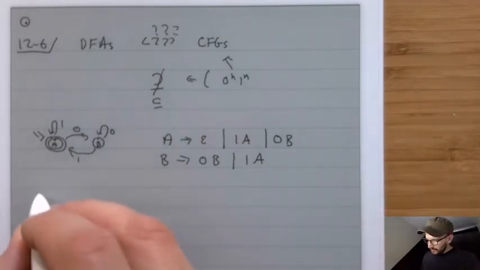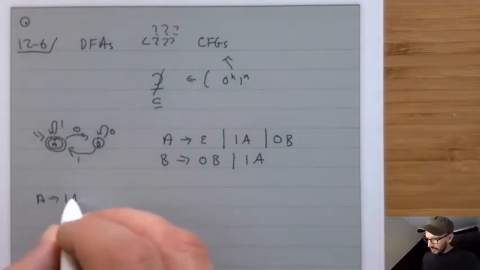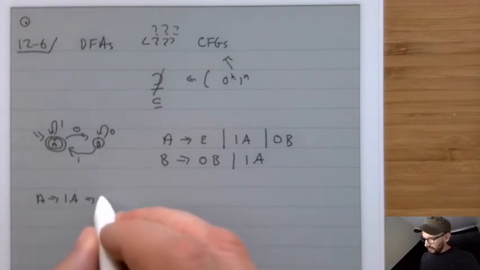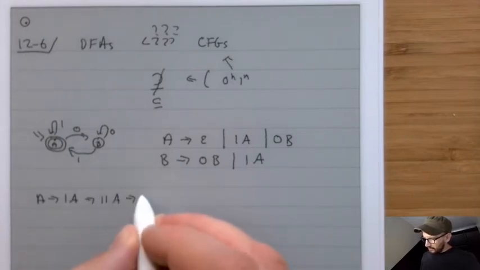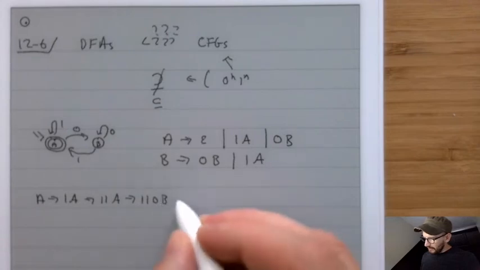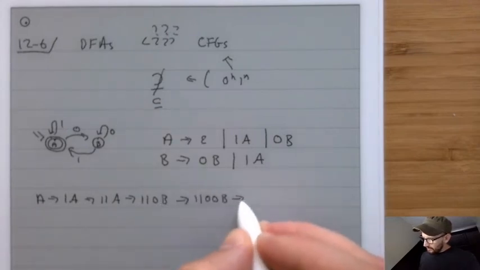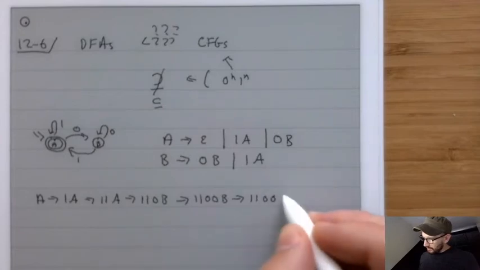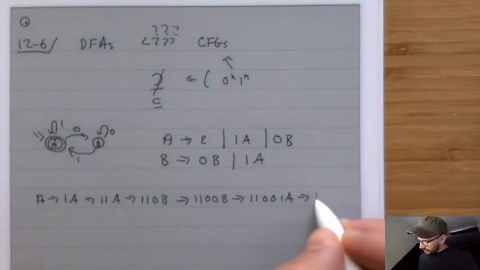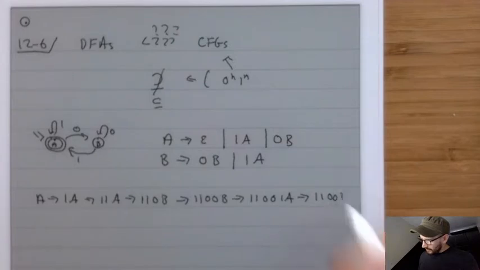So let's do A goes to 1A, goes to 11A, goes to 110B, goes to 1100B, goes to 11001A, goes to 11001.